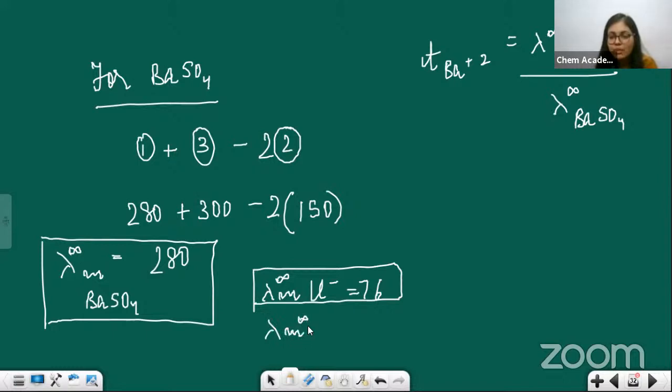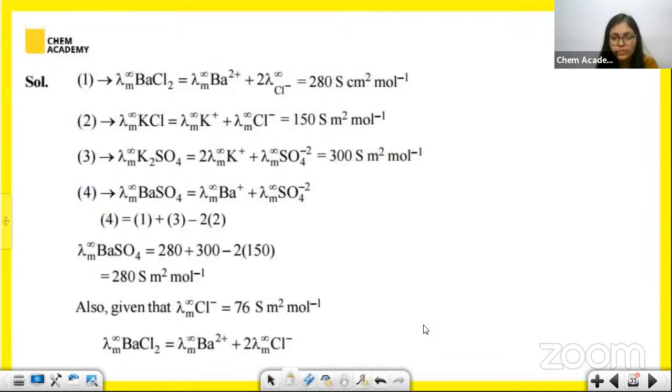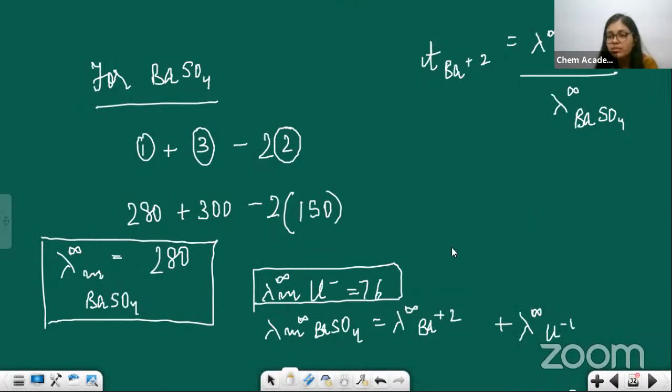So we know that lambda m infinity of BaCl2 is equal to lambda m infinity of Ba plus 2 plus lambda infinity of Cl minus. Sorry, we have to calculate for this BaCl2 actually.